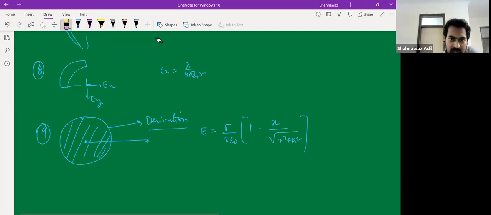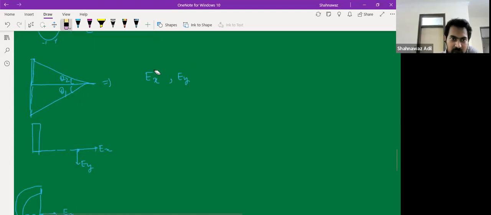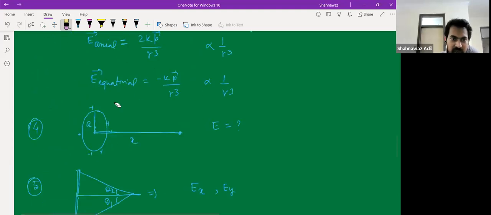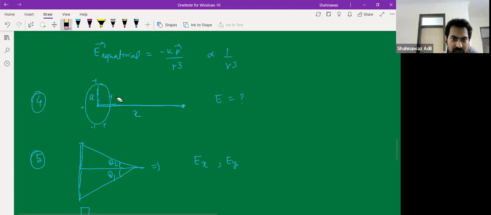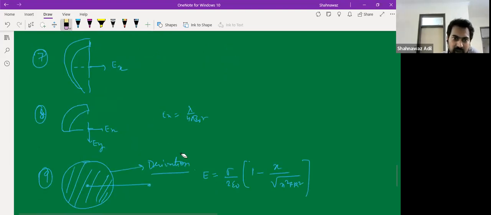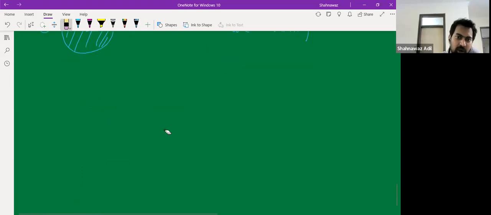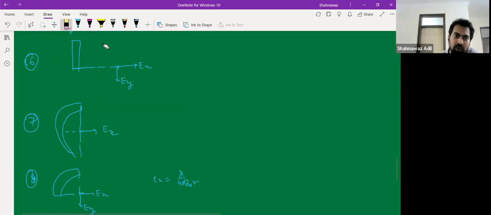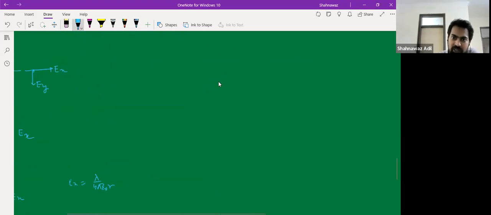Let us calculate the electric field due to this ring charge. All these things we are calculating from this small charge dq, right? We are not using the Gauss law.